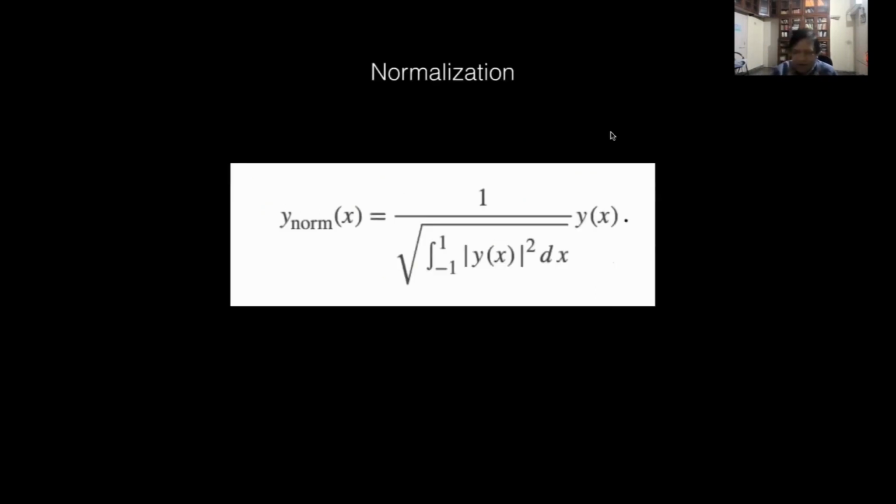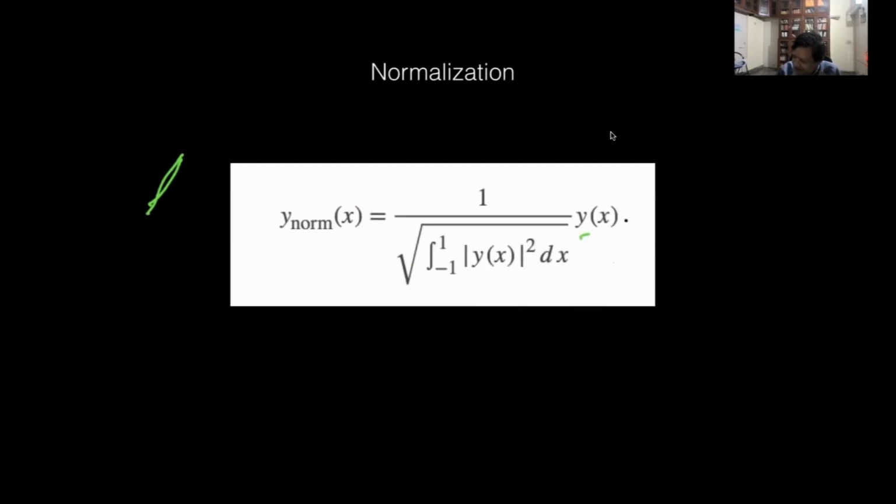Now, remember my slope was arbitrary, so I chose any slope. So my wave function, which comes from the numerical computation, is not normalized. How do we normalize it?